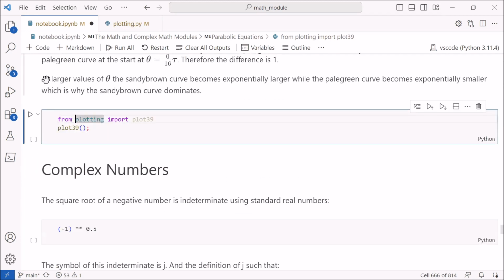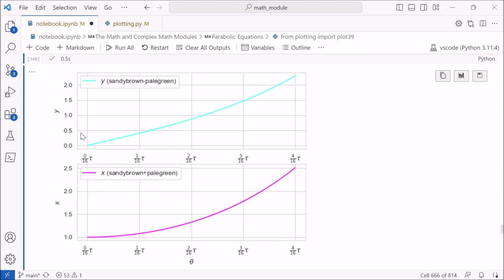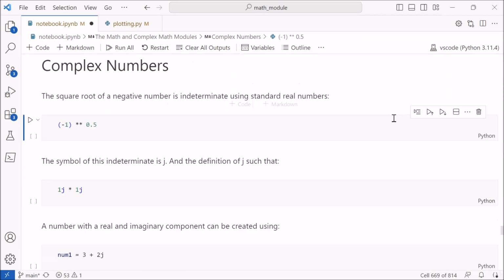So we can plot these out. So this is the y term and this is the x term. So that's an overview of all the functions in the math module.